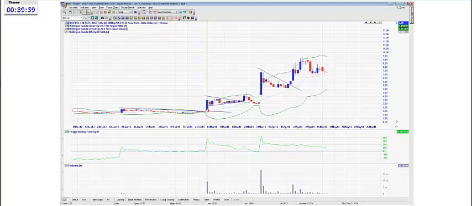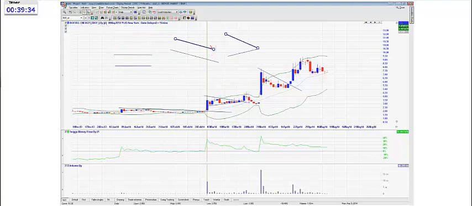Okay, so what now happens is the stock will now consolidate. And it will consolidate typically in either a downward channel, it can consolidate in a pennant, and very few times I've maybe seen it go sideways, but not often.